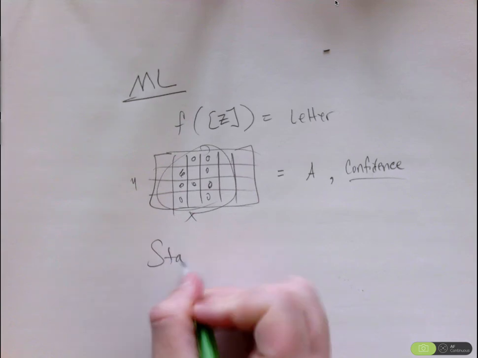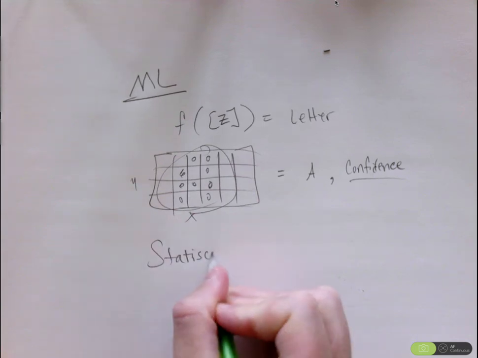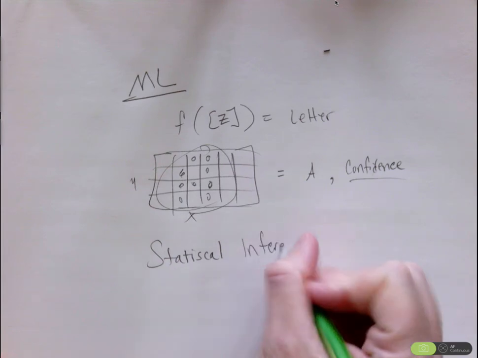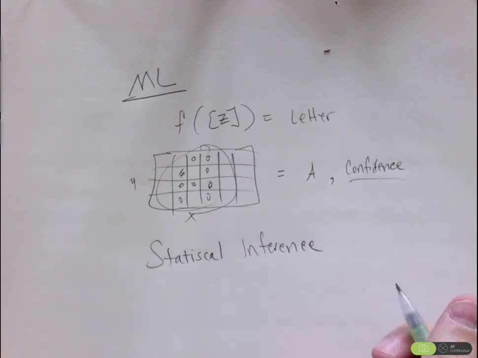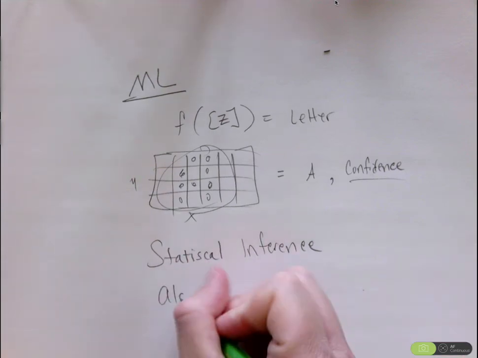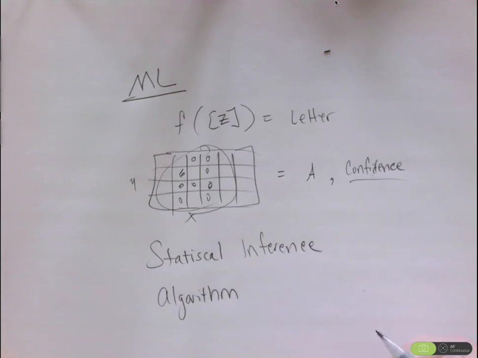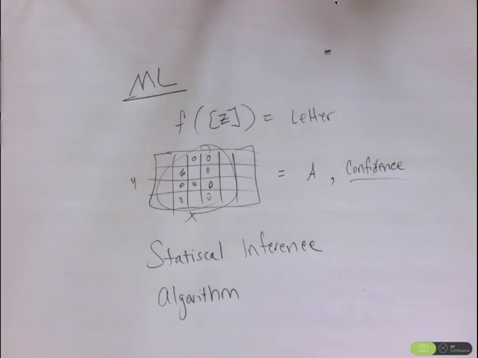It's all about statistics. So this is a statistical inference, essentially, where it looks at enough data and it's able to create an algorithm based upon all of the data that it was given using statistical techniques. And so in a nutshell, that's what machine learning is.